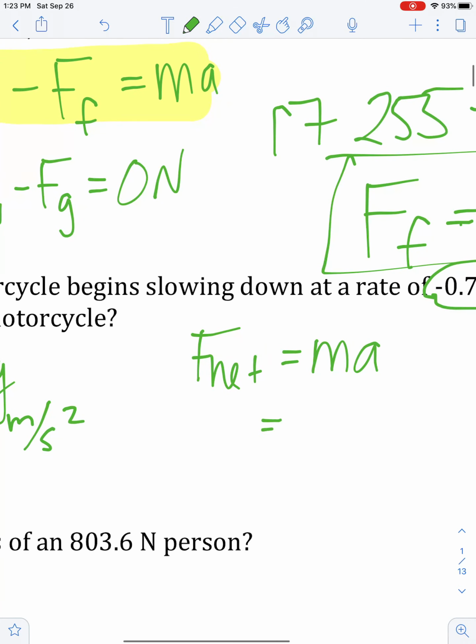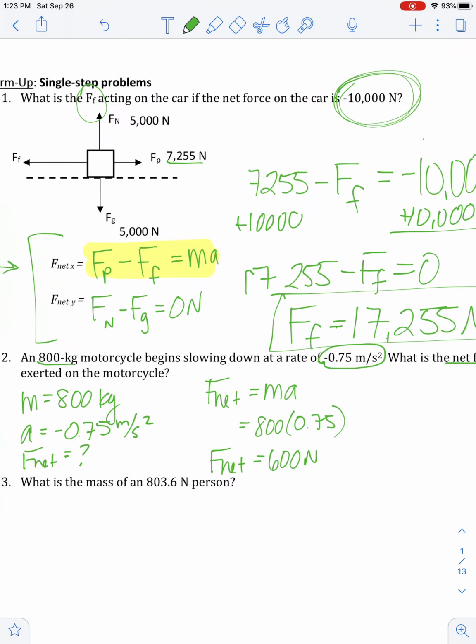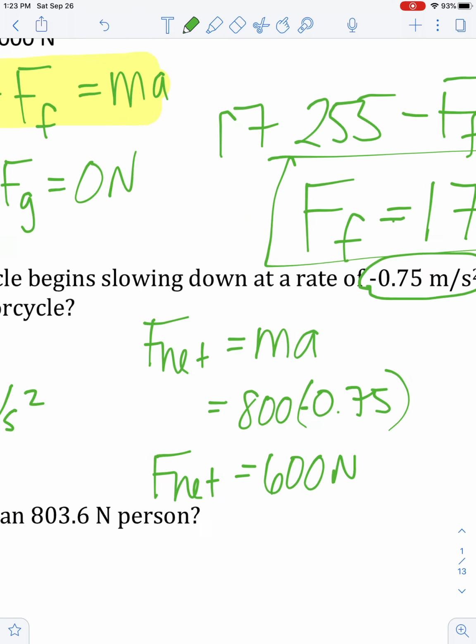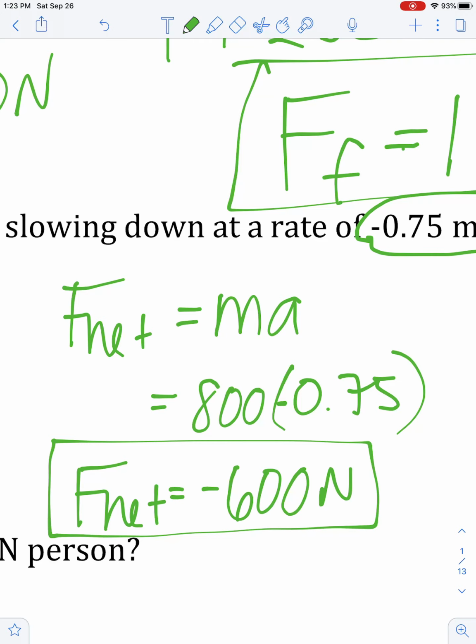I'm going to set my mass 800 times my acceleration 0.75, and I'm going to get that my net force is equal to 600 newtons. I don't have a direction here. Oh yeah, I do, because this is a negative acceleration. I almost forgot that, friends. So if the acceleration's negative, we know that means my net force is negative. Glad I caught that.